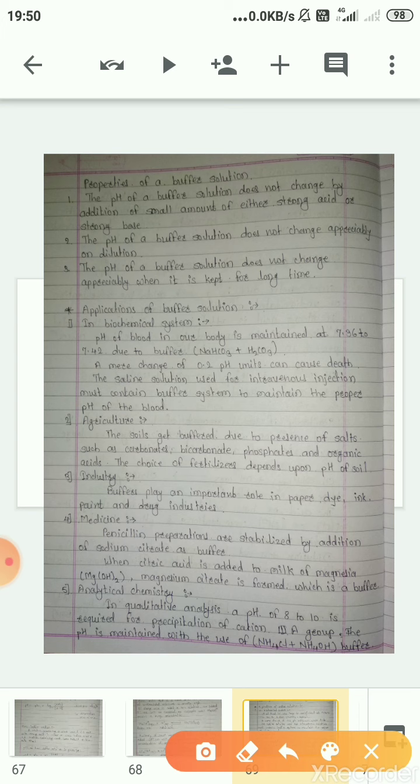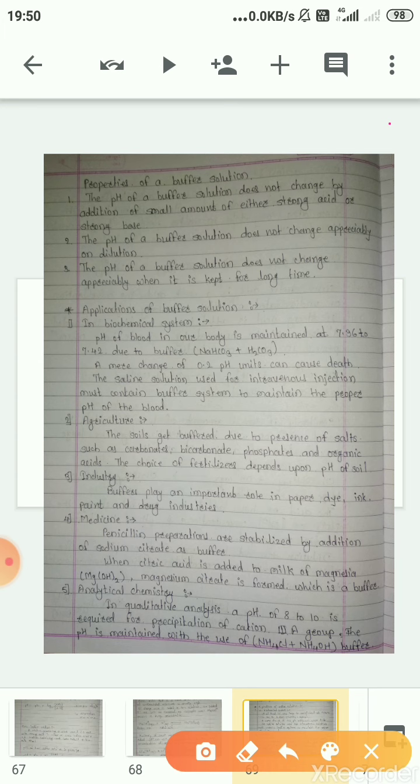The group detection is based on a sequence of reagents: for the first group we use HCl, for the second group we use HCl plus hydrogen sulfide gas or hydrogen sulfide solution, and the third group is divided into two groups, third A and third B. For the third group detection we use ammonium chloride and ammonium hydroxide, which is also a buffer.